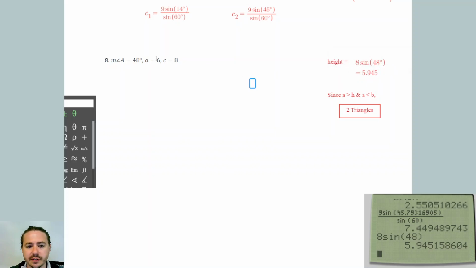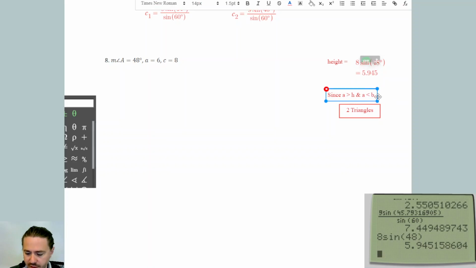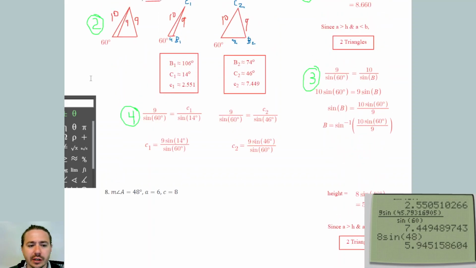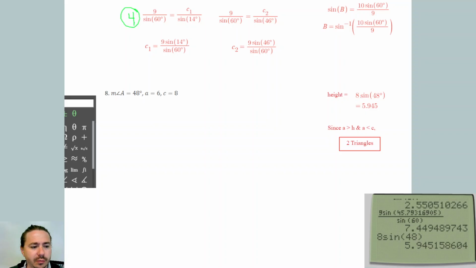Okay, now since our opposite side is greater than the height and the opposite side is smaller than the adjacent side, then we're going to have 2 triangles. You can expect, since that's what we're focusing on today, that we're probably going to get 2 triangles on most, if not all, of these. It'll be good practice.